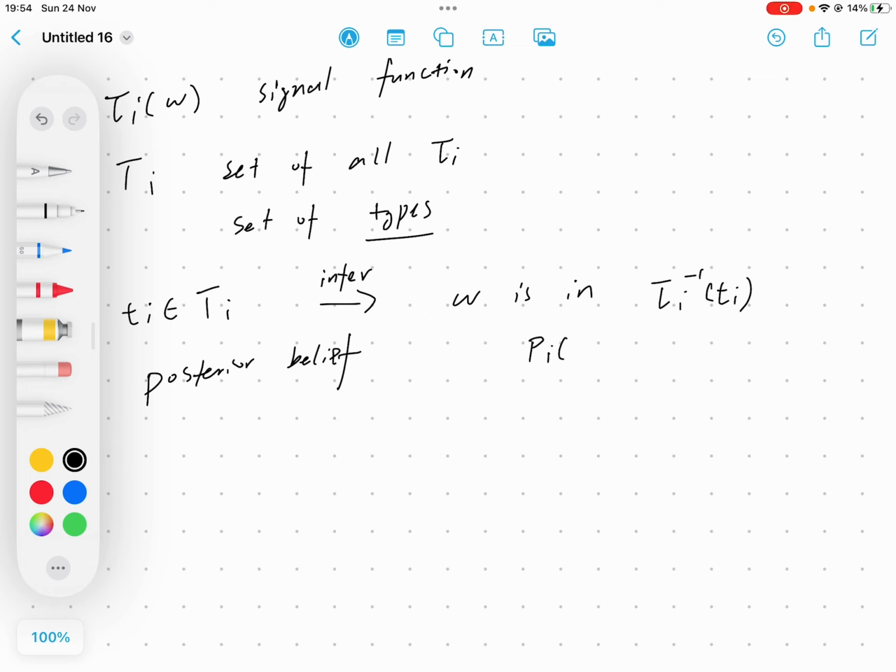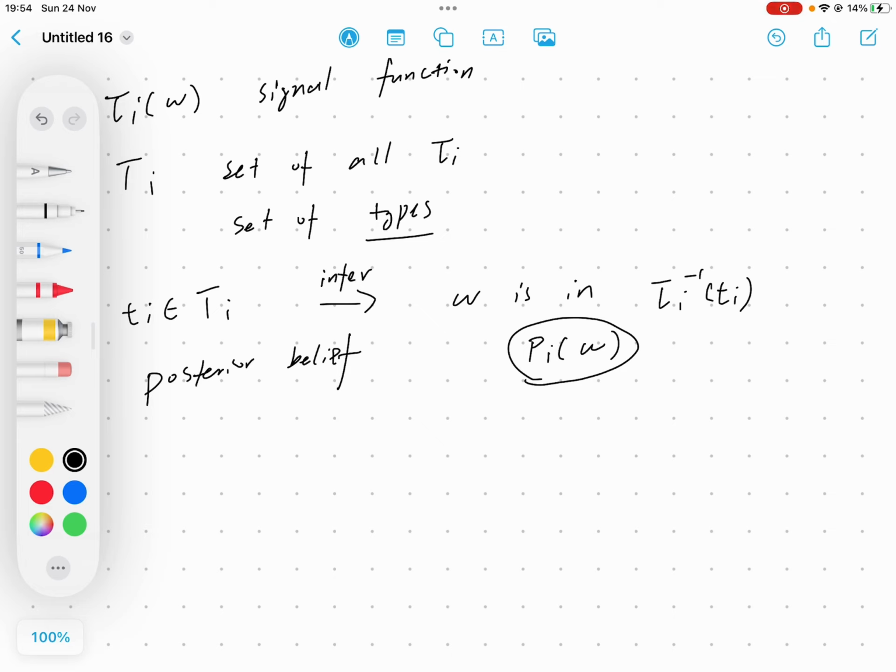This pi omega is a bit confusing. It is actually the numerator of the Bayes rule: the probability of receiving this signal ti and also having the state as omega.